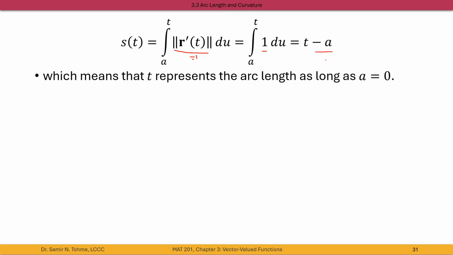And if you start the initial point from a equal to 0, the arc length will always be represented by t.